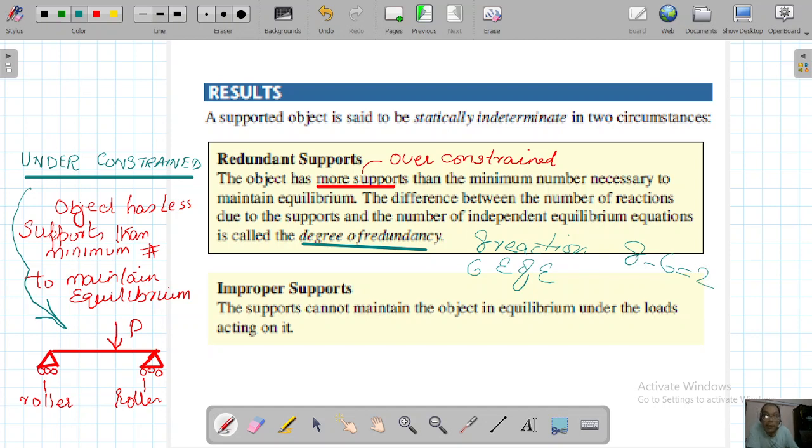That difference between the number of reactions due to the supports and the number of independent equilibrium equations is called the degree of redundancy.